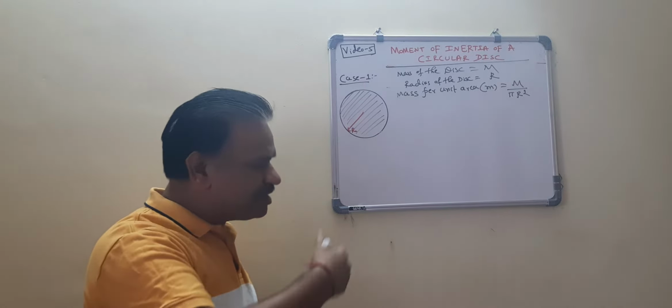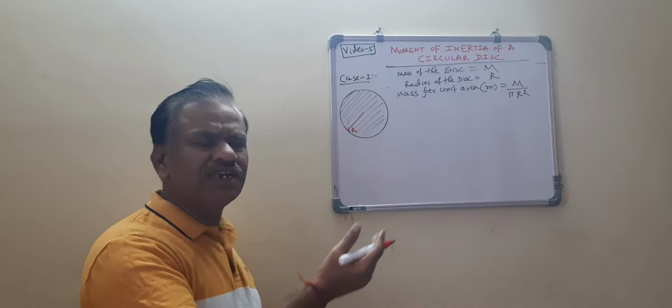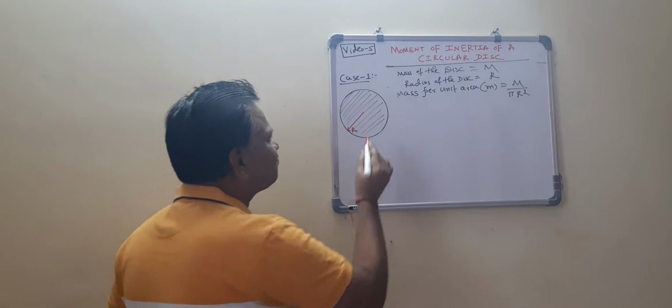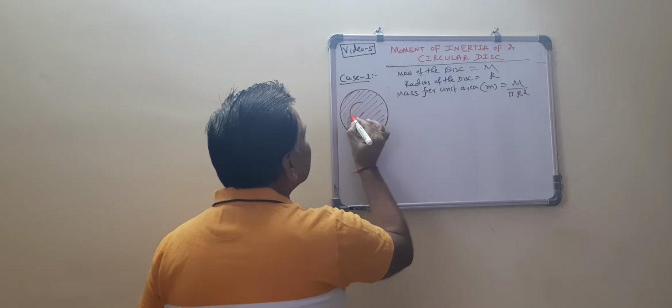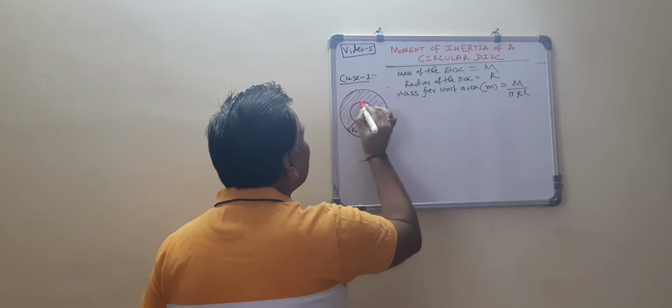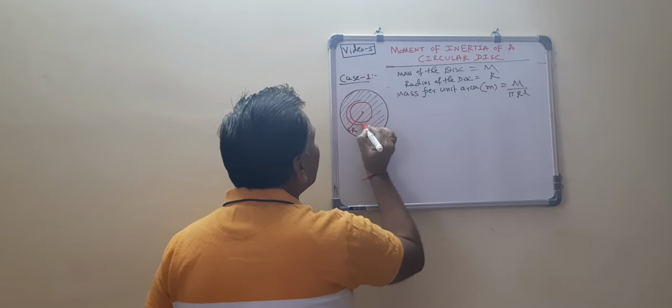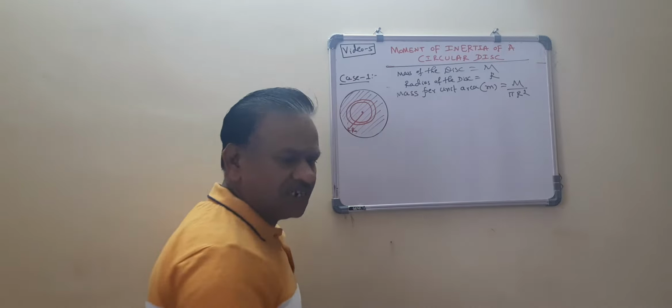Assume that this disc consists of smaller and smaller annular strips. Now I am considering a small strip, this small part of it.